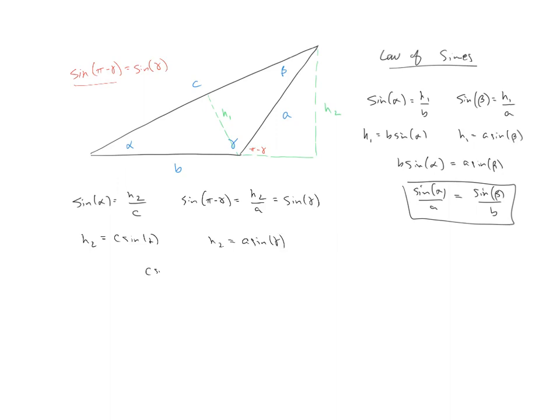Setting them equal, c sine alpha equals a sine gamma, and therefore sine of alpha over a equals sine of gamma over c. So there's another relationship. And then tying it all together, since sine alpha over a is in both, by the transitive property, sine gamma over c must also equal sine beta over b.